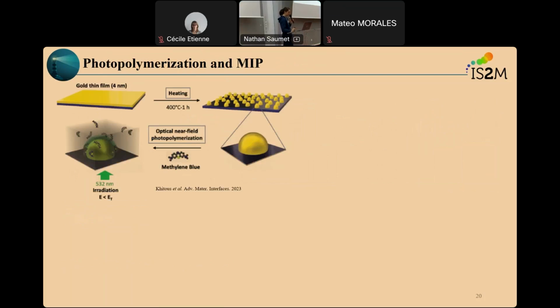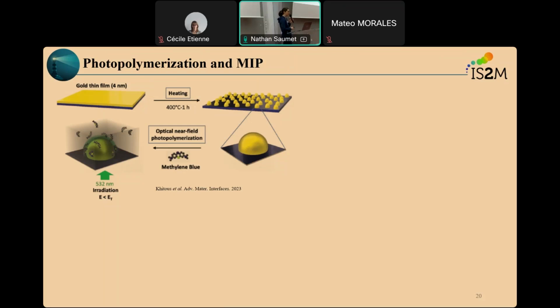So to do the experiments, here we forget totally about the individual nanoparticle synthesis. We need to have a lot of nanoparticles to do these experiments. So basically, we evaporate gold on glass layers. We heat them at 400 degrees, which will dewet the gold. So we will have a sample here with a lot of nano islands.